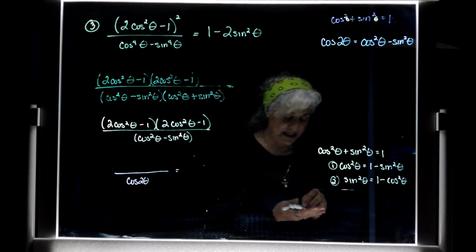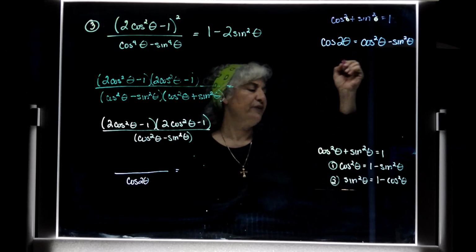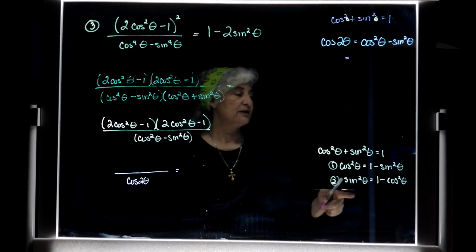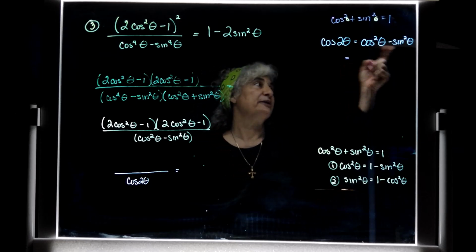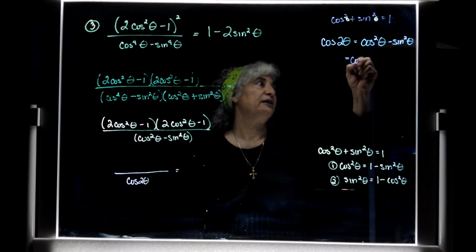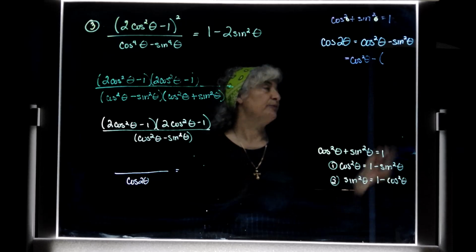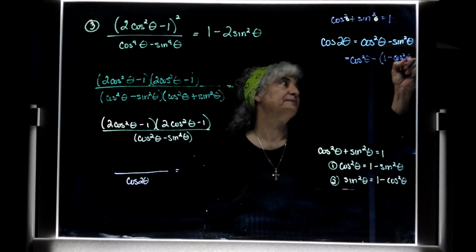The reason I'm saying that is because if I make a substitution here, and I say cosine squared is 1 minus sine squared, so if I leave cosine squared by itself, sine squared can be rewritten as 1 minus cosine squared, can't it?